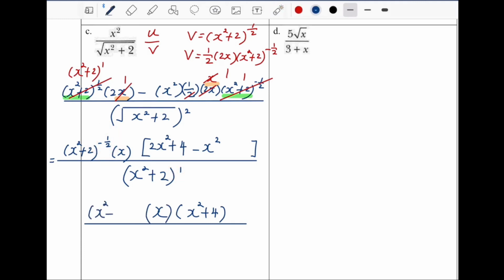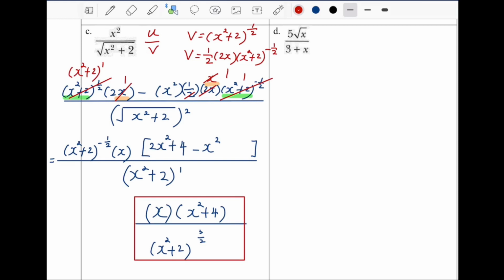X squared plus 2 negative 3 over 2. Again, let's turn this into a positive index. Bring it down. 3 over 2. Final answer. Okay. Last example.